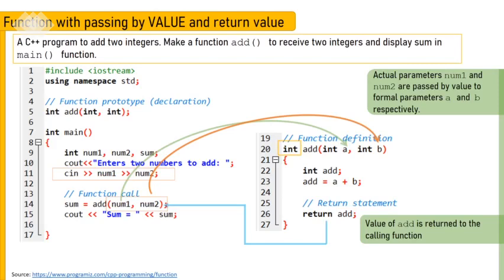Previously, in some examples, we used void when there was no return value. So we use int here because we want to return the add value and add itself is an integer, so our function return type in line 20 is also given as int. You will learn further about the function return type in the next slide.